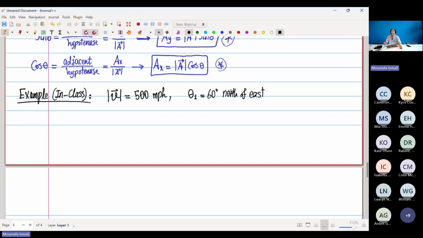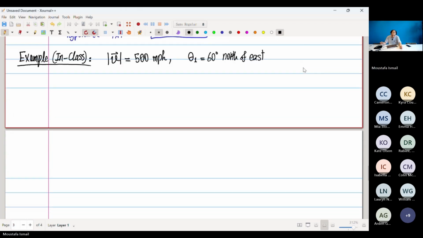So let's draw that. Let's see what that looks like. Here are our cardinal directions. North of east means start east and go north.